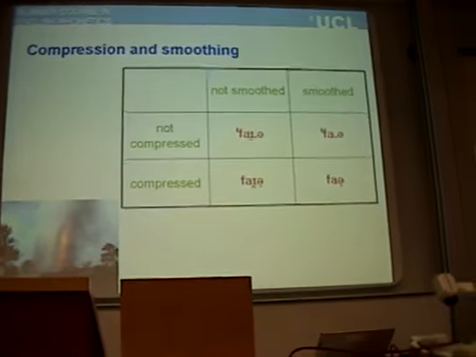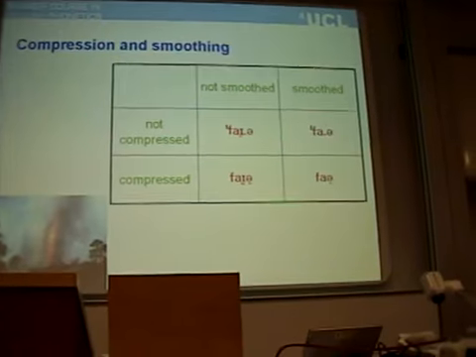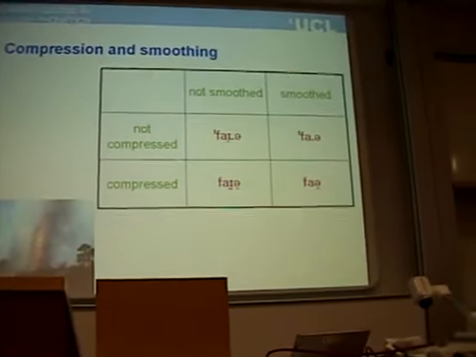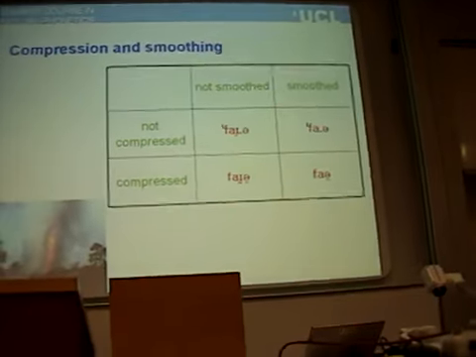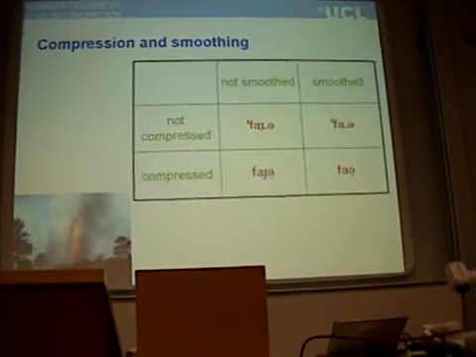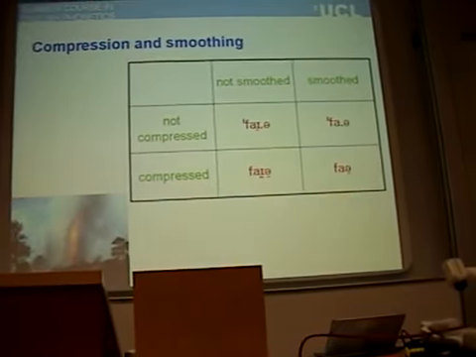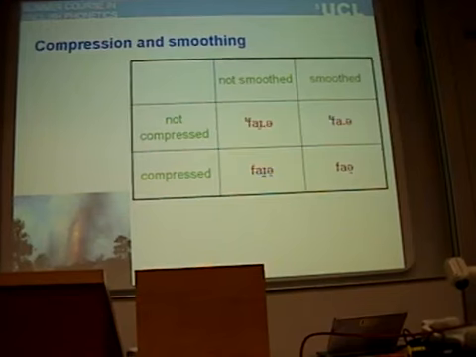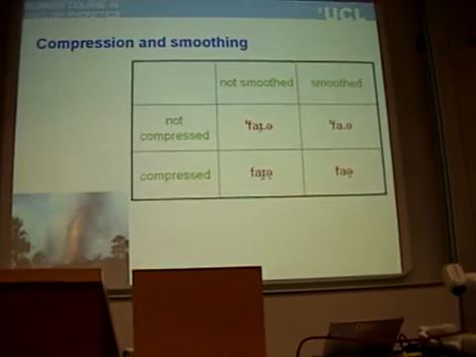Now, here's a kind of logical diagram of how I see this. I start out with two syllables in fire. First syllable has a diphthong, second syllable has a schwa. And we have two processes which we could optionally apply to this sequence.